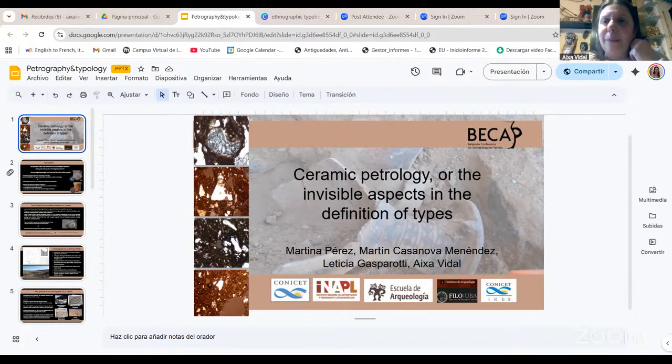We have seen many examples in these 2 days. But in many cases, technological aspects are not considered in traditional classifications. So we propose to incorporate other, invisible aspects, for instance petrographic analysis, to see non-visible dimensions, for example paste composition and raw material selection, to understand technological decisions, or to establish correlations between the visible and invisible aspects, such as style, composition, and technological decisions.